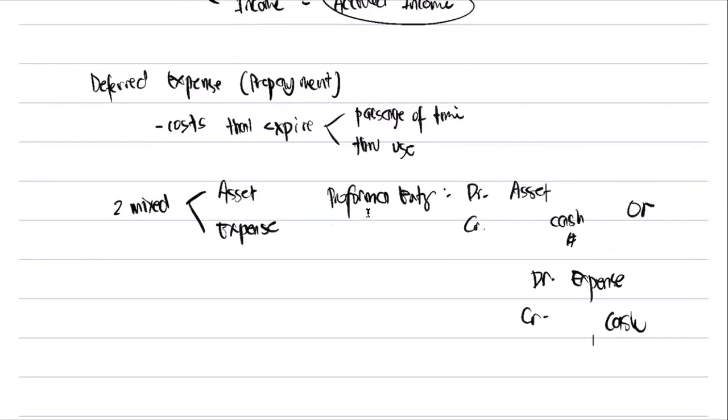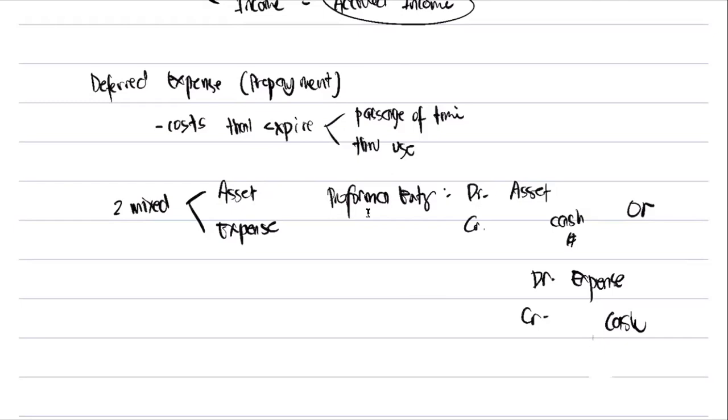Okay. So for deferred expense again, what will we split? We split your asset and your expense account. So what is your pro forma entry? Your pro forma entry is a debit to asset and a credit to cash, or a debit to expense and a credit to cash.